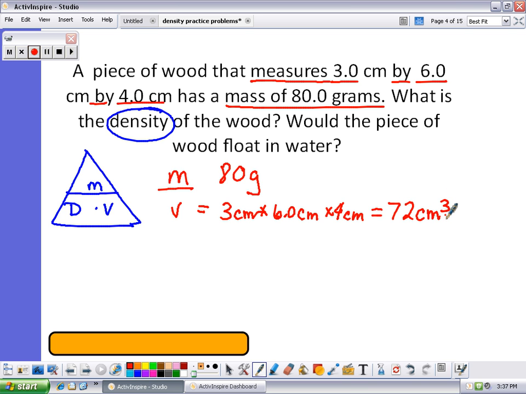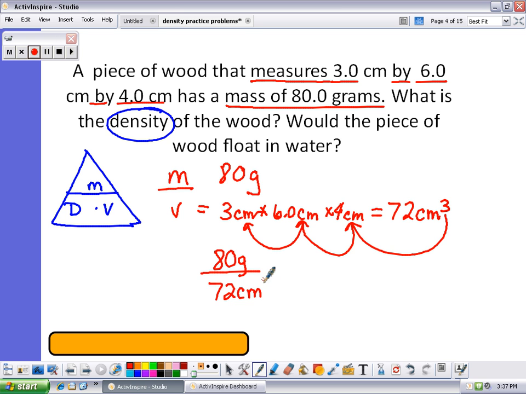And we get this 3 here because we have 1, 2, 3 centimeters that we multiplied together. So we have 80 grams divided by 72 cubic centimeters, which gives us the answer of 1.1 grams per cubic centimeter. So that answers the first part of the question.